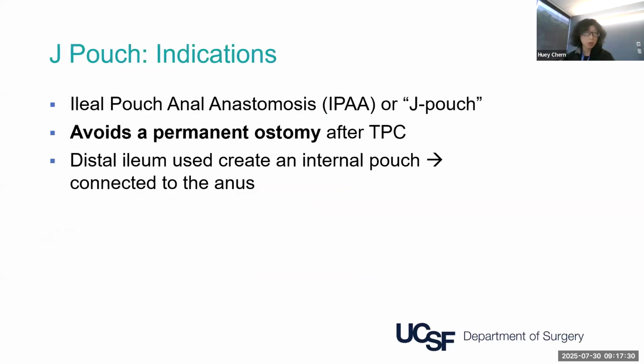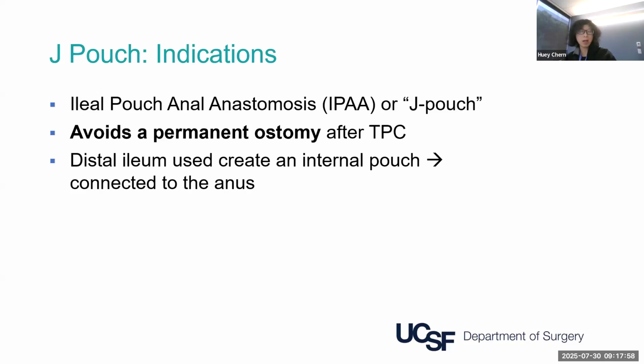So J-pouch is something we do for, again, either UC or FAP. Those are probably the prime examples of when a J-pouch is indicated. It is a way to avoid a permanent stoma, although there are definitely significant lifestyle changes with living with a J-pouch.